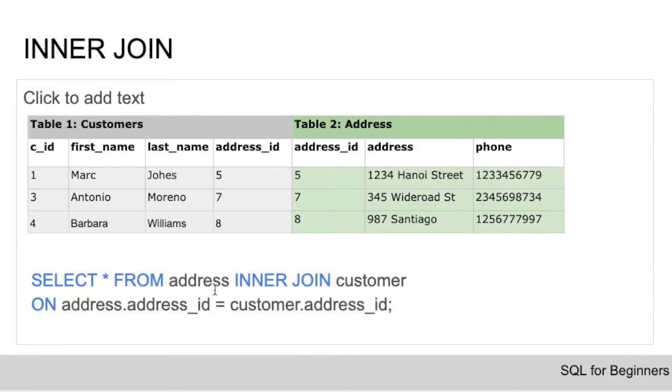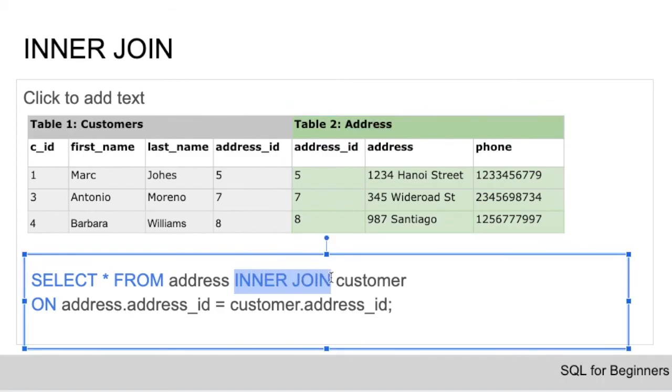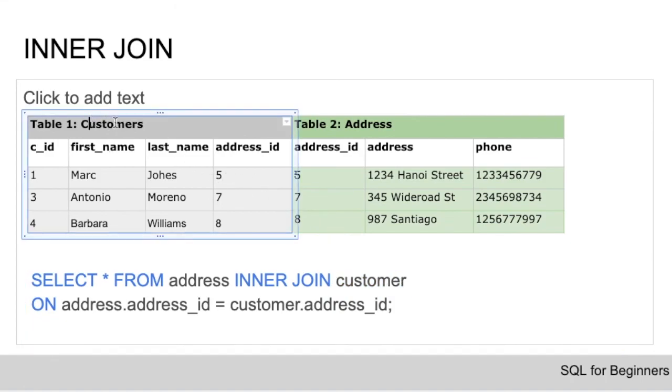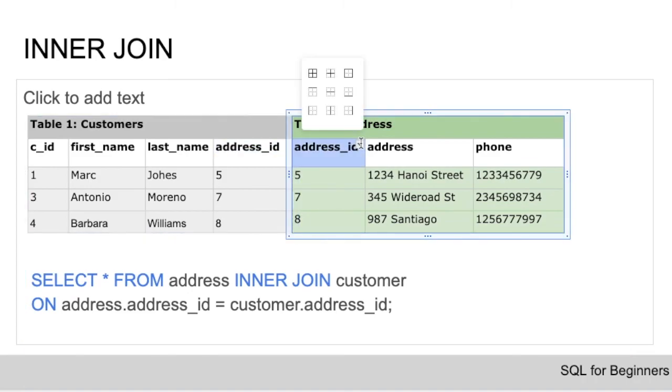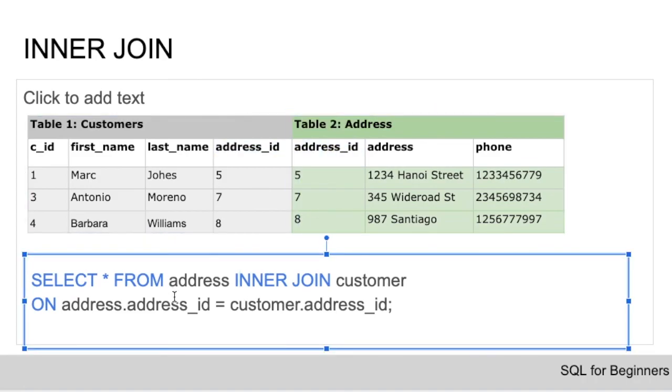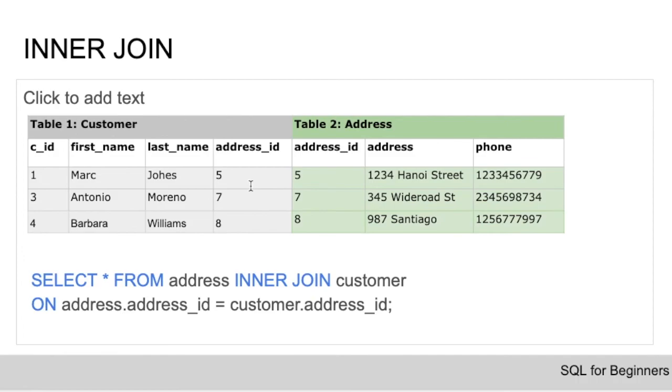You select from the address, which is table number 2 here, and you inner join with the other table, which is the customers table right here, okay? As I mentioned before, you are going to use these two common columns in order to match the values from the two tables. But you see that there is a problem with the repeating address ID columns.